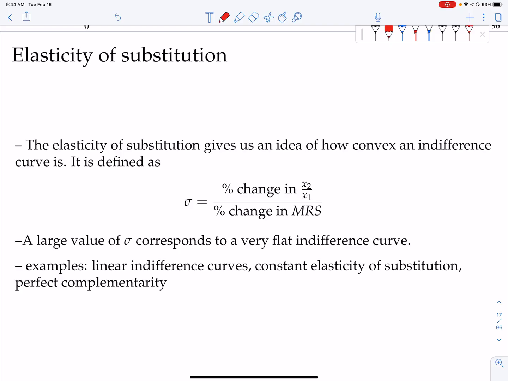So first of all, before I talk about the elasticity of substitution, I'll talk about just the elasticity. Okay, so elasticity is capturing a relation between two variables.